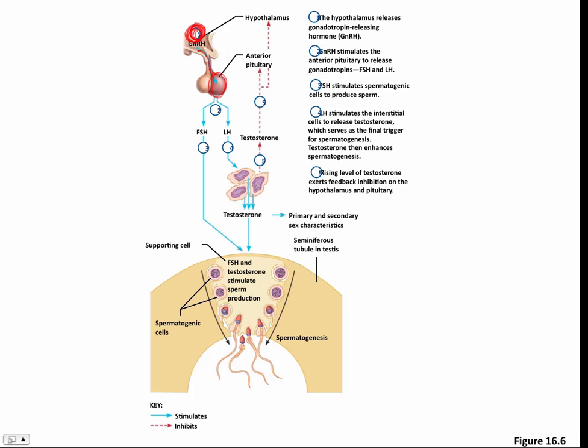Once again, luteinizing hormone is going to trigger the interstitial cells to produce testosterone. This is going to give rise to the maturation of secondary sex characteristics. But also we have follicle-stimulating hormone, which is going to stimulate the spermatogenic cells to produce sperm.